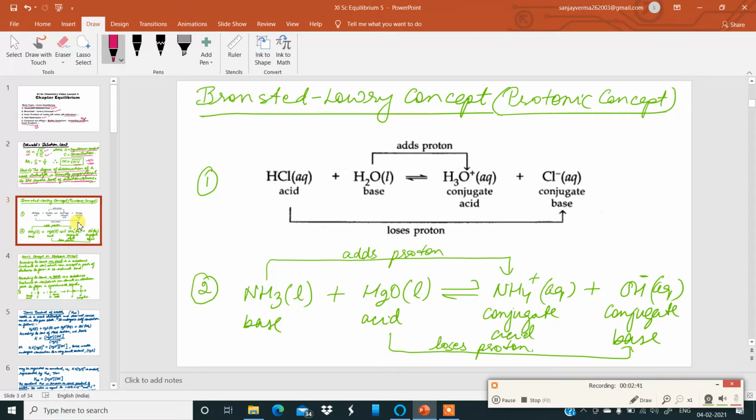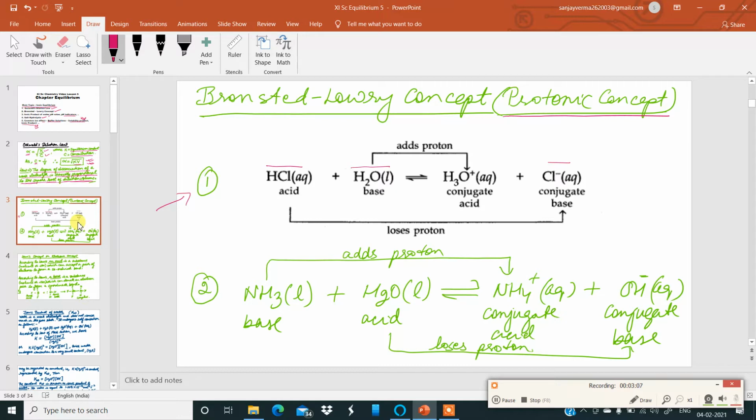Now coming to the Bronsted-Lowry concept. The Bronsted-Lowry concept is also called the protonic concept. First illustration over here, I have taken hydrochloric acid and water. At equilibrium, hydrochloric acid dissolves in water to produce hydronium ions and chloride ions.